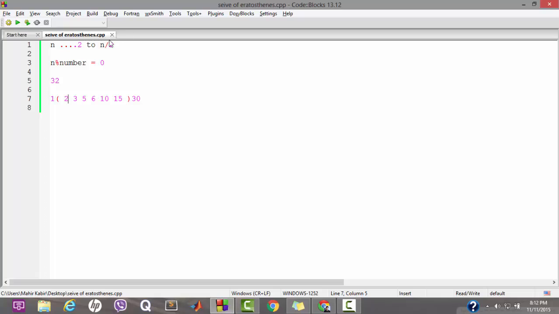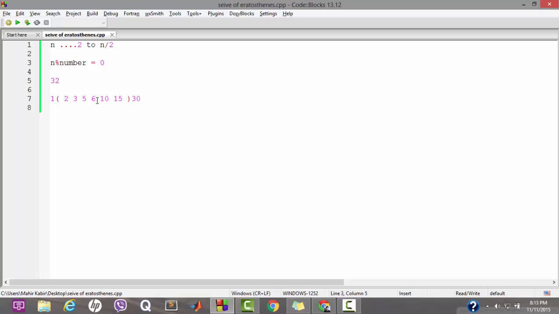Till now we are checking up to n/2 to check if a number n is prime or not. Now here, we can see that 2, 3, 5, 6, 10 and 15 divide 30 perfectly. That means they are the factors of 30.